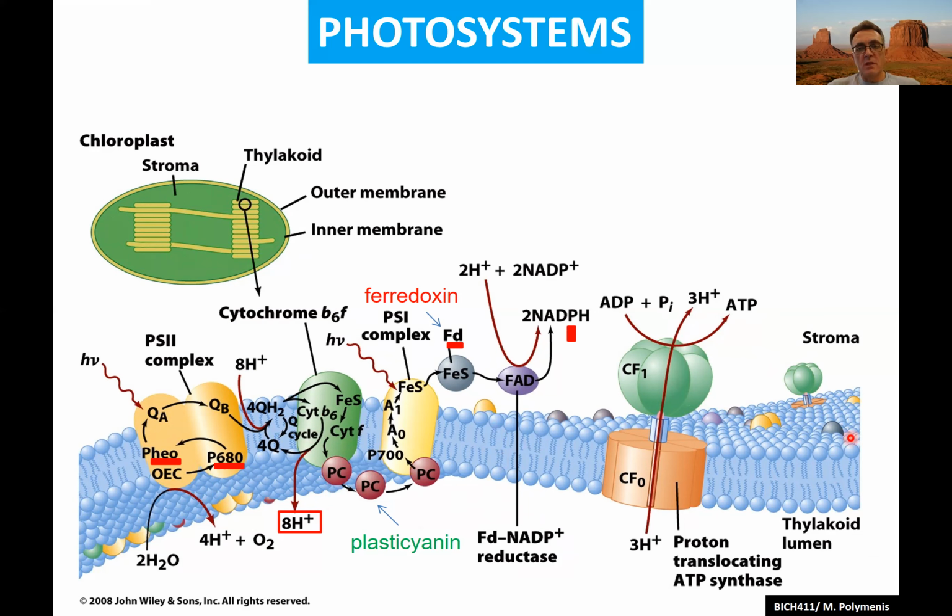This is supposed to be the membrane of the thylakoid. At the bottom of the slide is the lumen, the inside. The top is outside, and this is when a lot of protons get pumped, translocated, from the stroma into the lumen of the thylakoid.